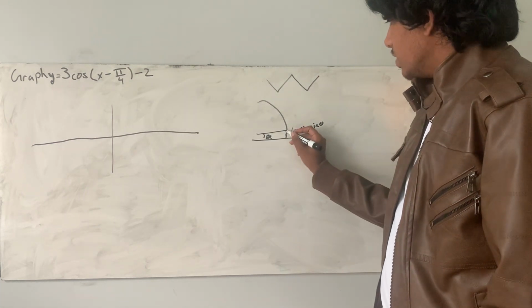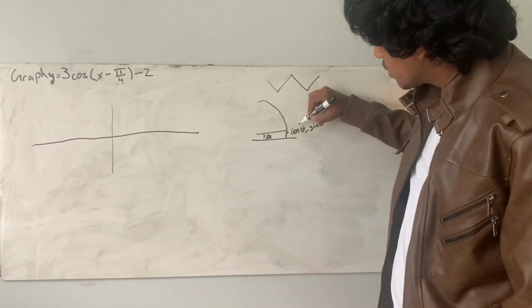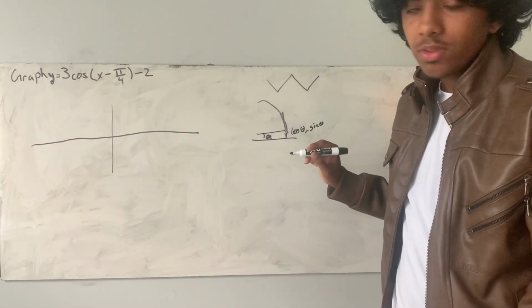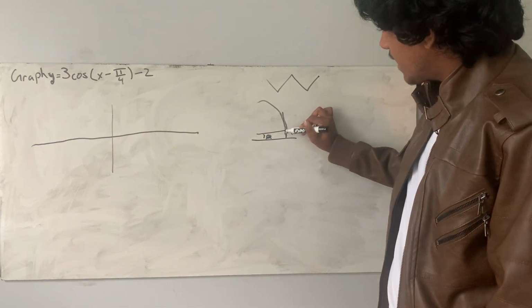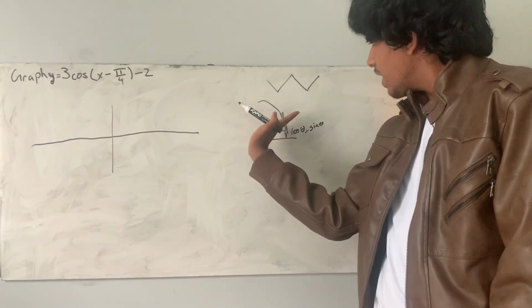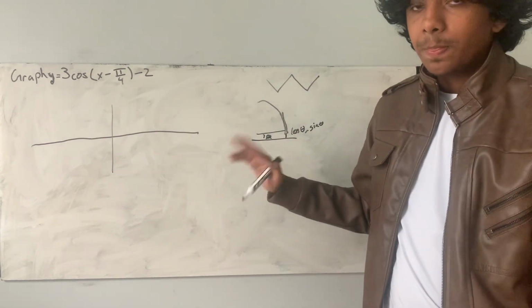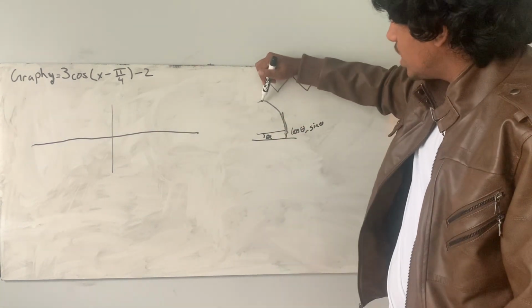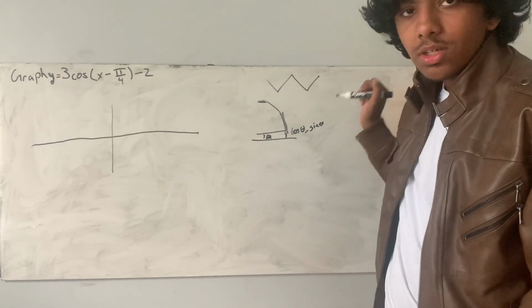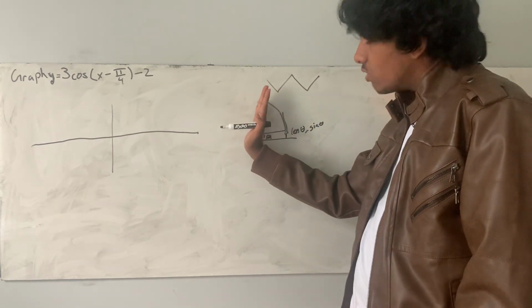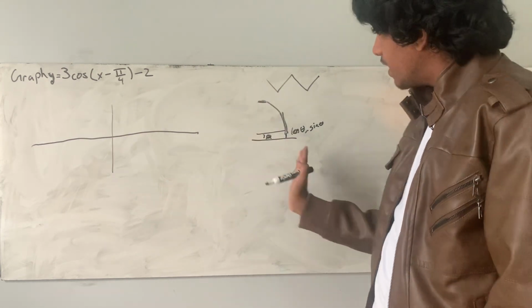This cosine will increase really quickly when theta is near 0, because this angle can change the x coordinate really quickly. But when you change the angle similarly over here, it's going to change slower and slower.